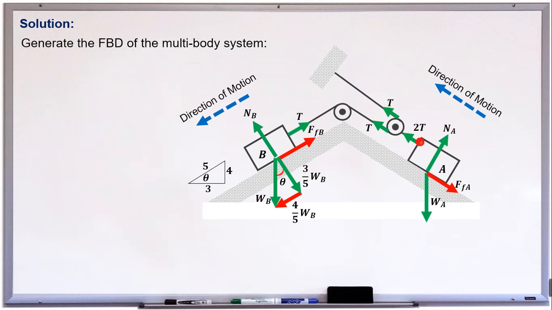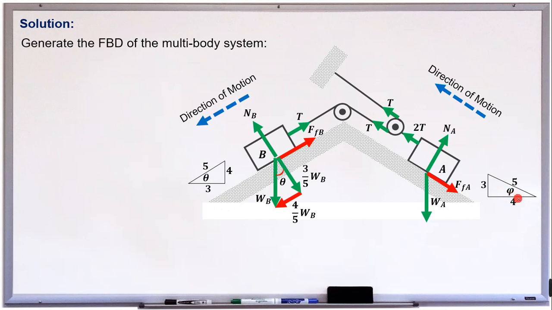Next, we'll proceed to the FBD for block A. As you can see, we have its weight. Then we have the frictional force for block A. Since the direction of motion is up the inclined plane, the direction of this frictional force is down the inclined plane. And we also have a normal force for this one. By the way, this diagram is used to determine the inclination of this plane.